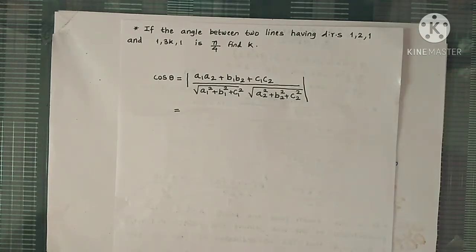If the angle between two lines having direction ratios 1, 2, 1 and 1, 3k, 1 is pi by 4, find k. So I have written here the formula for cos theta. If direction ratios of two lines are a1, b1, c1 and a2, b2, c2, then we have this formula to find theta.